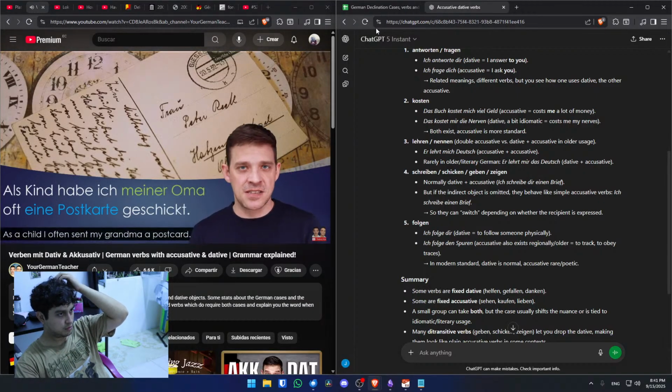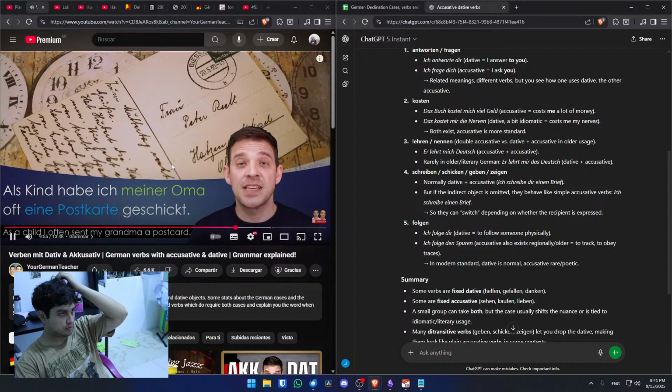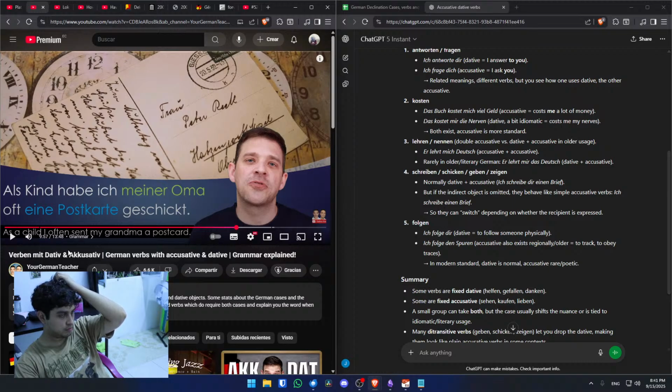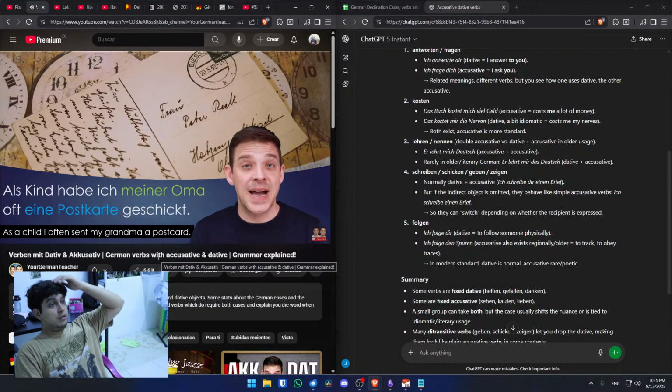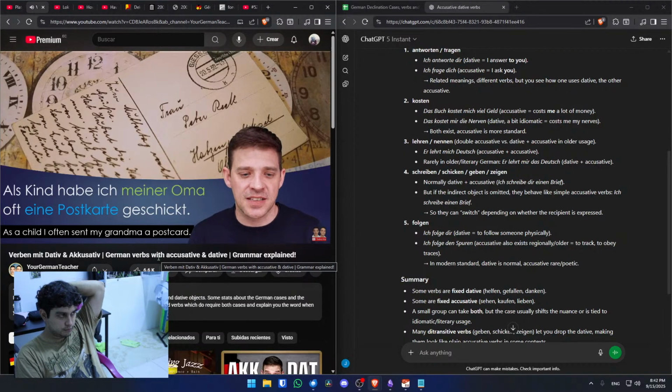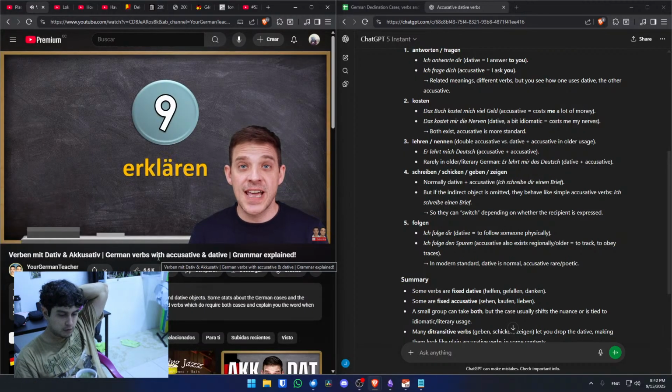Zum Beispiel, als Kind habe ich meiner Oma oft eine Postkarte geschickt.